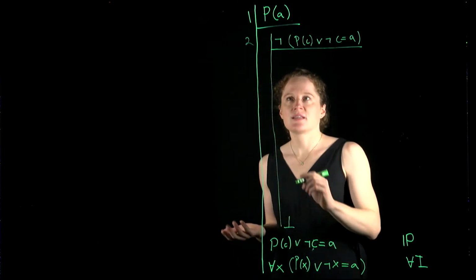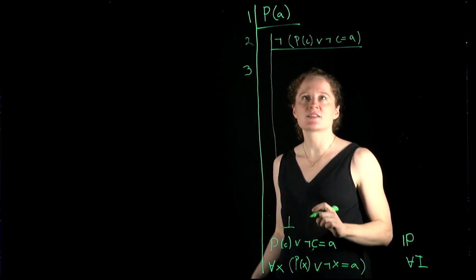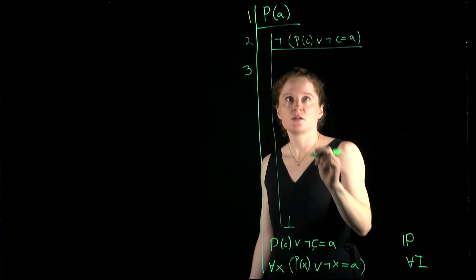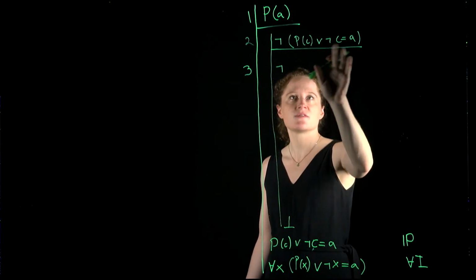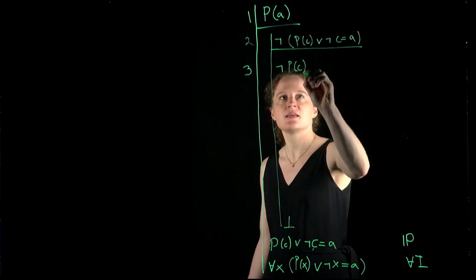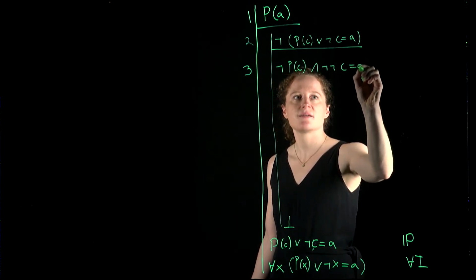Now, how can we do that? Well, here I see that I have a negated disjunction, and that reminds me of De Morgan's law. So I can infer a conjunction where both of these disjuncts are negated: not PC and not C equals A.